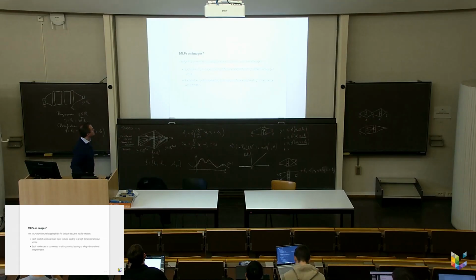Okay, so the lesson is that the multi-layer perceptron architecture will work well for tabular data when you have input features that make sense already on their own, but that will not work for images. Okay?